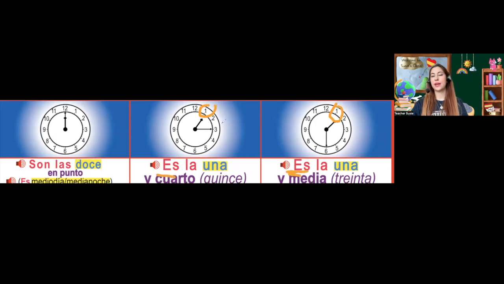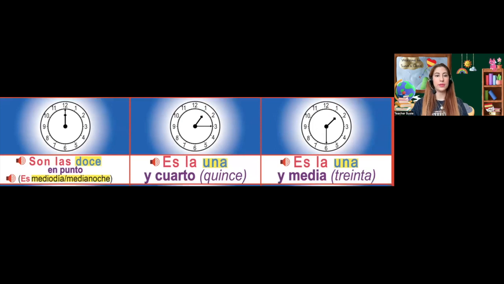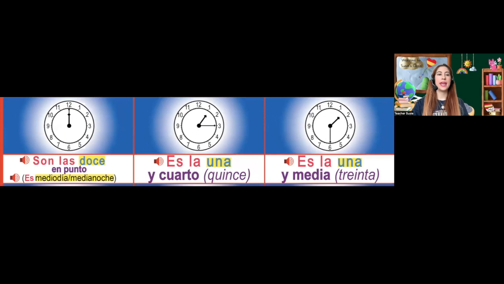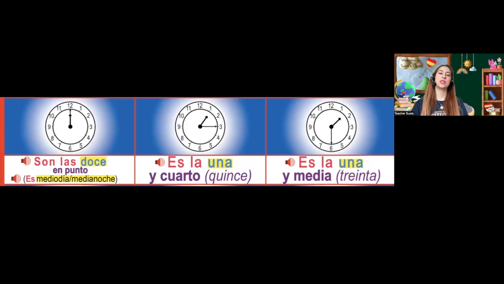Es la 1 and something. As soon as there is more than one, we will say son. Son las 12 en punto. If the short hand is on any time other than one, we're saying son.